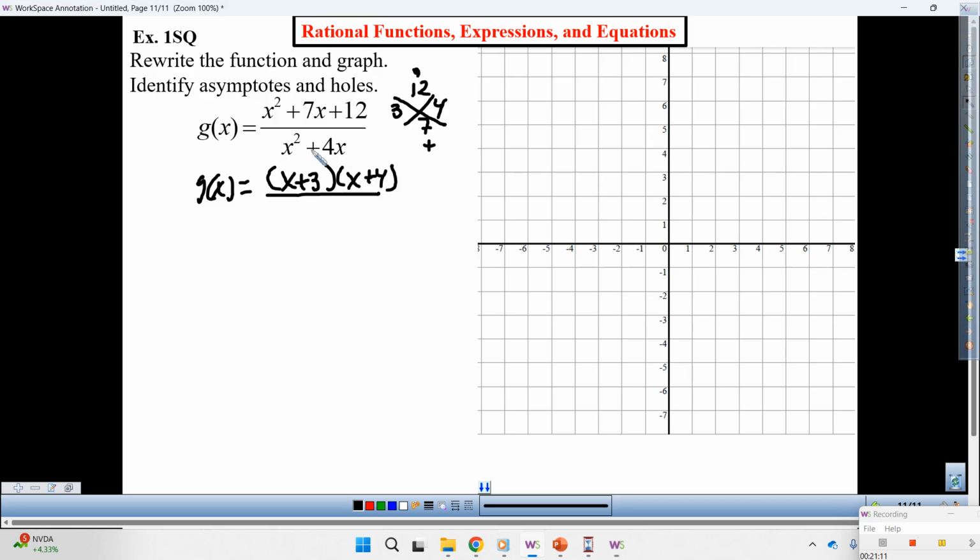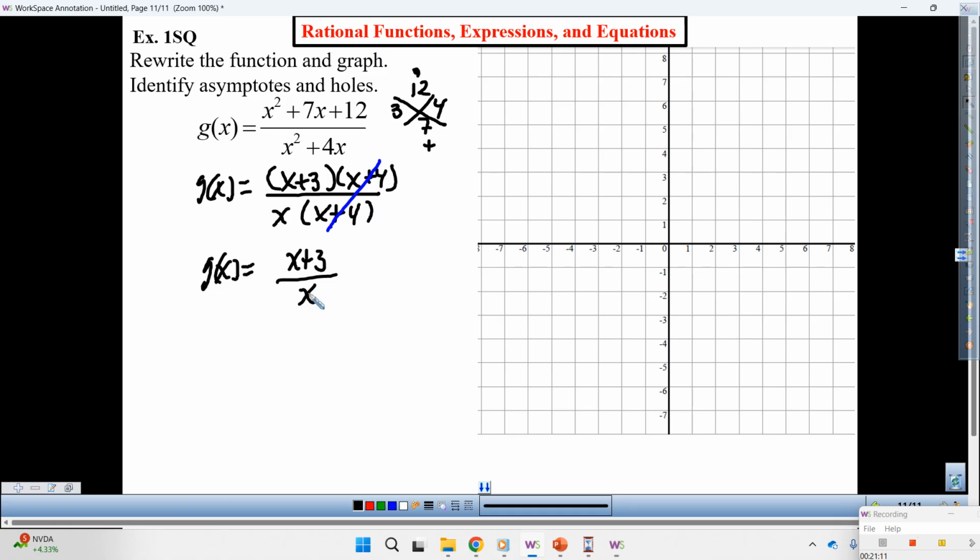The GCF for the denominator is x, so we're left with x plus 4. And if you got that by yourself, yeah, so far so good. Next, simplify. So our new function is g of x equals x plus 3 over x.